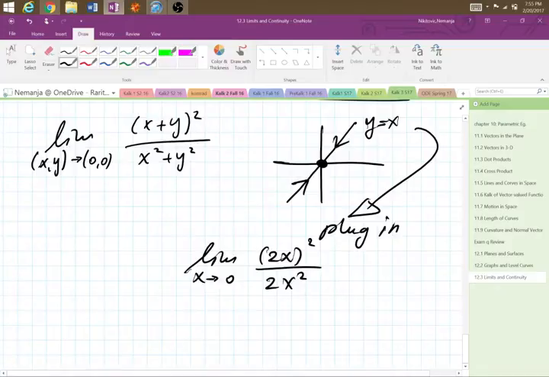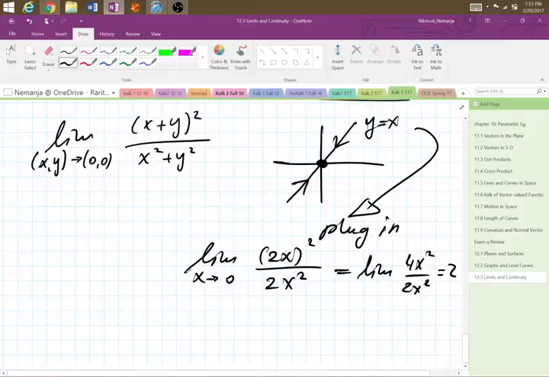Now I hope you guys see that the limit for this is 2, because you have 4x squared divided by 2x squared, and that cancels to 2. So we are thinking that the limit might be 2, right?